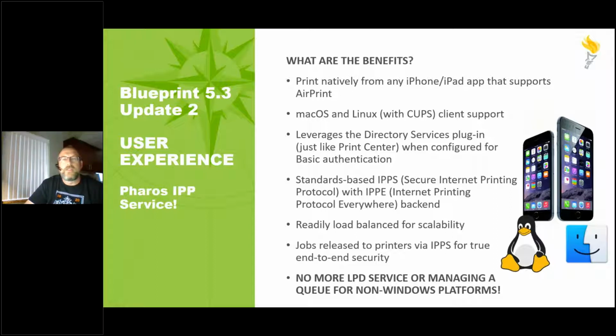We can use directory services for authentication, or we can use email and PIN that was introduced with Update 1. And we're using a standards-based IPPS for secure internet print to the server, as well as IPPS back to the printer for true end-to-end security.